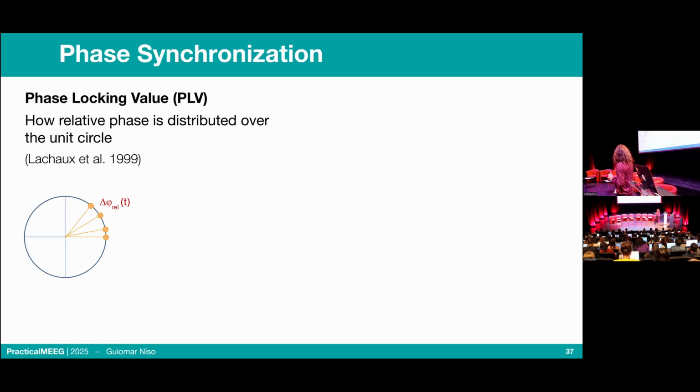If every time you subtract the phases the difference is constant, around this region, then you sum all the values and you get a large vector. However, if instead of being constant, sometimes you have this phase difference and sometimes this other, then when you average, the result will be very small.